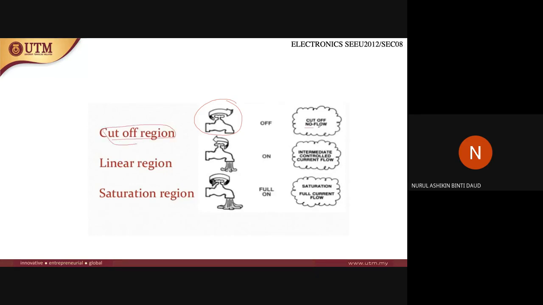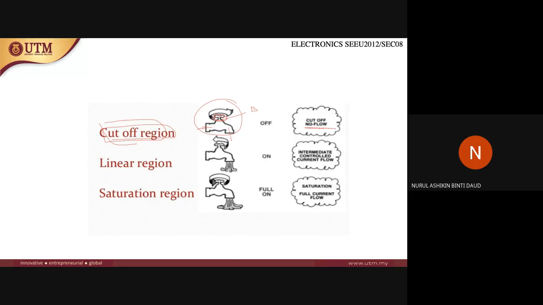It means that there is no current flow, and this is actually the base part. This is going to be the collector and emitter, right? When the base is 0, meaning off, there's no current flowing inside the transistor, and it is in the cut-off region.